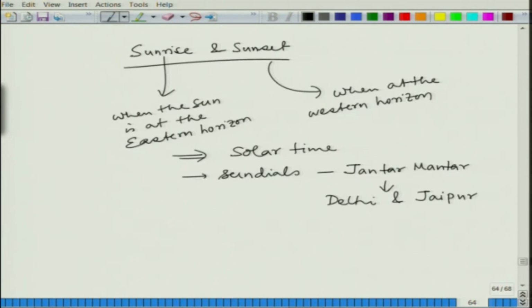Okay. And actually there are a total of 5 of them. Maharaj Jai Singh built these things. Only 2 are alive today, the other 3 are destroyed, and they were made like 300 years ago.